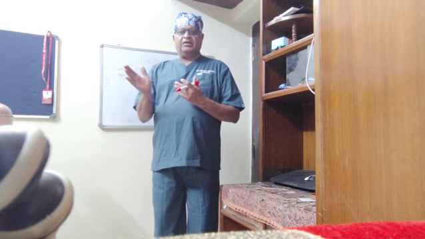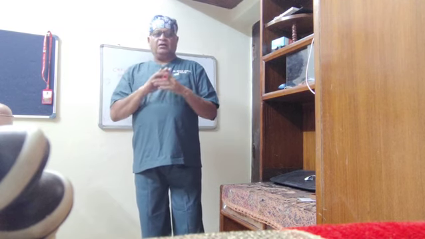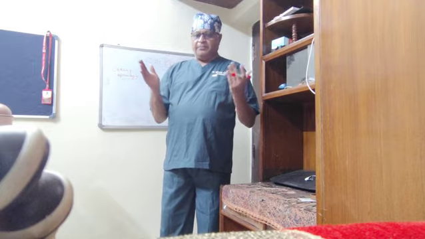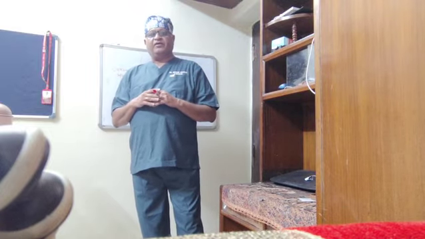Now we are discussing briefly the procedure of splenectomy. Type of surgery: either open splenectomy or laparoscopic splenectomy. In case of trauma, there is a large amount of hemoperitoneum and the patient is hemodynamically unstable, so we prefer open splenectomy.